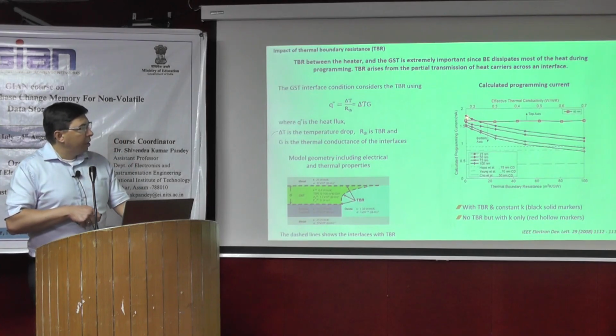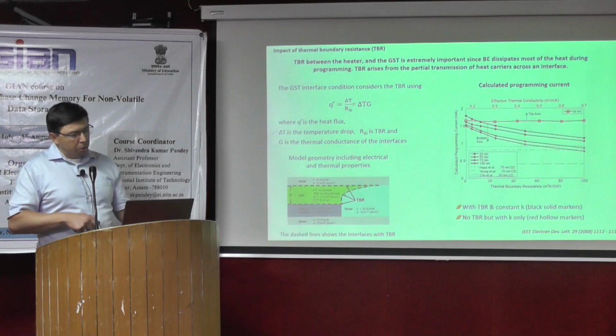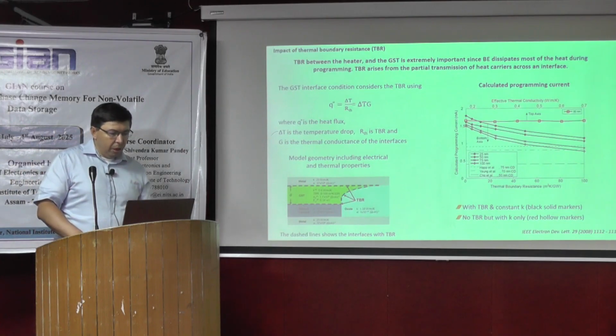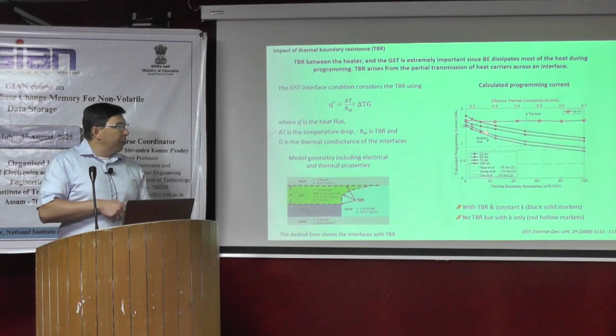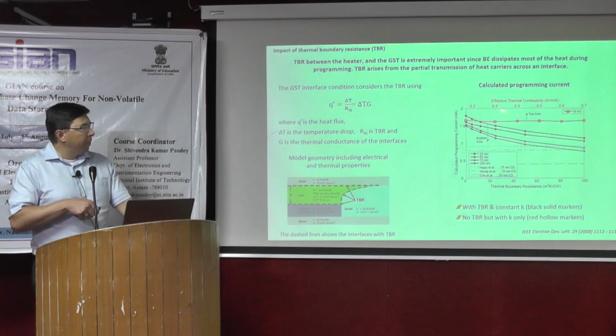These curves show the different thicknesses of GST, which can also influence the programming current. What we can see here is that the programming currents are reduced if we take into account this thermal boundary resistance parameter, compared to if you don't take it into account.